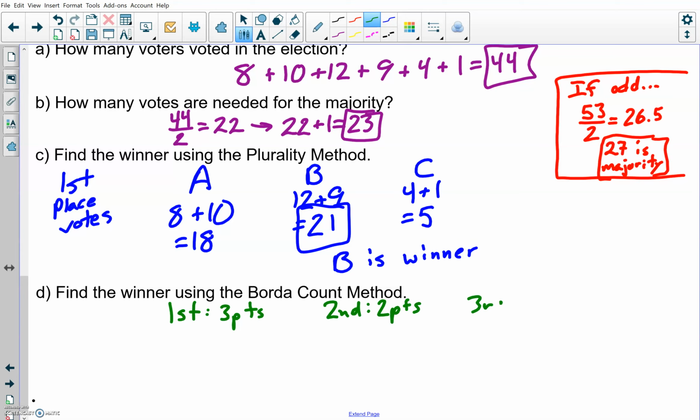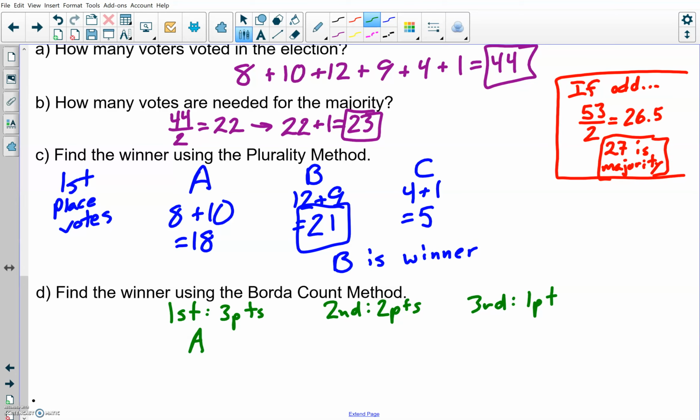And third place gets 1 point. So each time a candidate gets a first place vote, they get 3 points for that vote. Each time a candidate gets second place, they get 2 points for each of those second place votes. And then they would get 1 point for every time they are voted as a third place candidate.